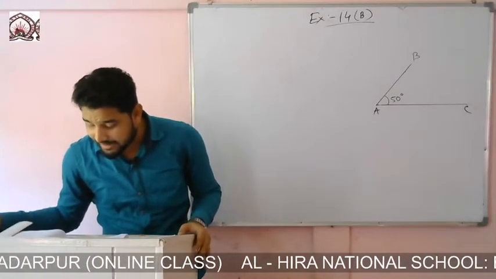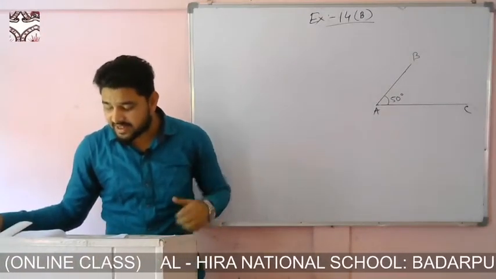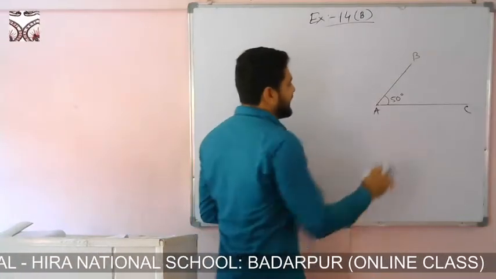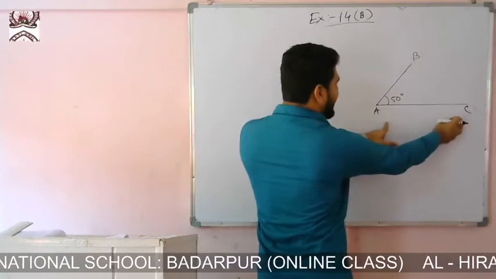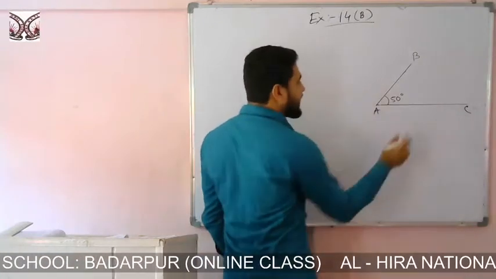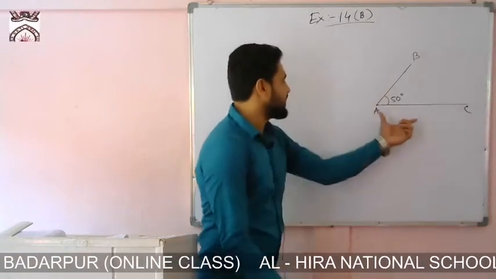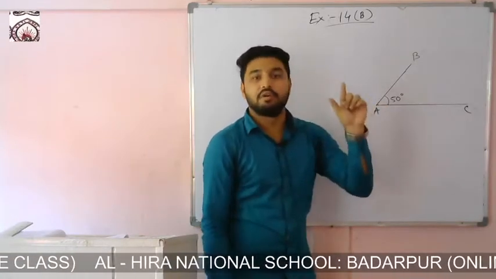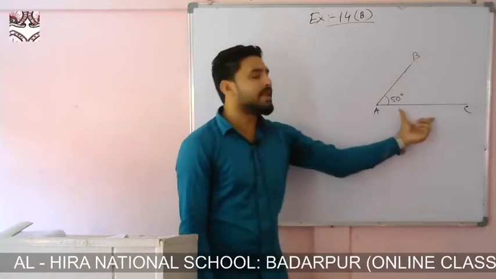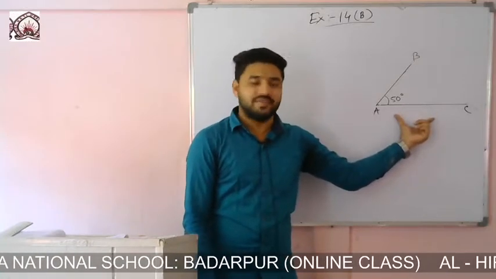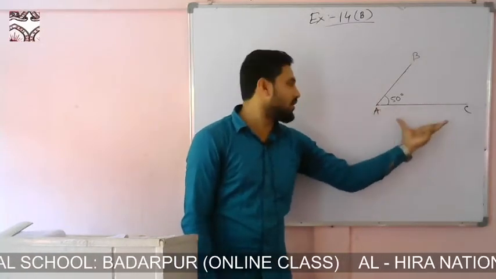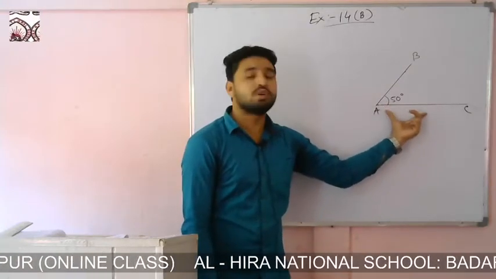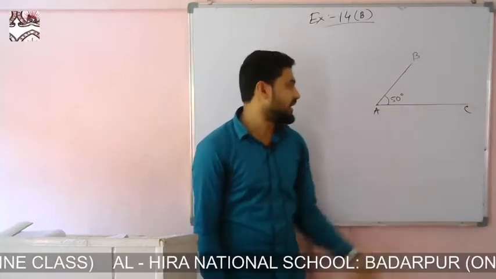After that, in AC, take a point P such that AP equals 4.5. That means in the line segment AC, I have to take a point P such that from A to P, the distance will be 4.5 centimeter.